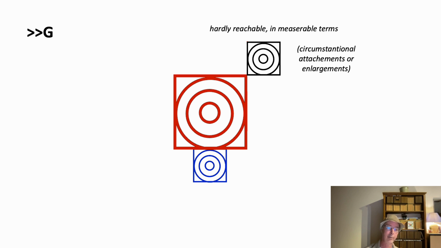It's not reachable easily, but thanks to our tool there still is a connection point. This connection point seems to be circumstantial, as a kind of attachment or enlargement. You can interpret it this way.